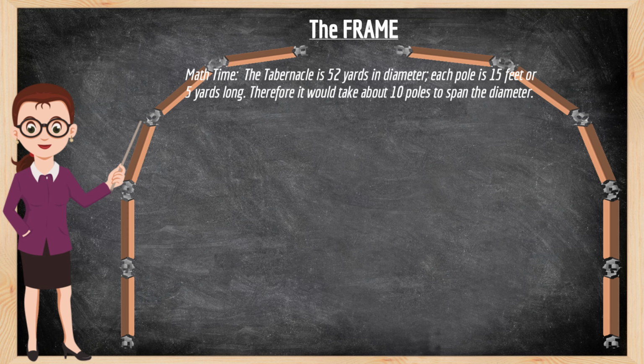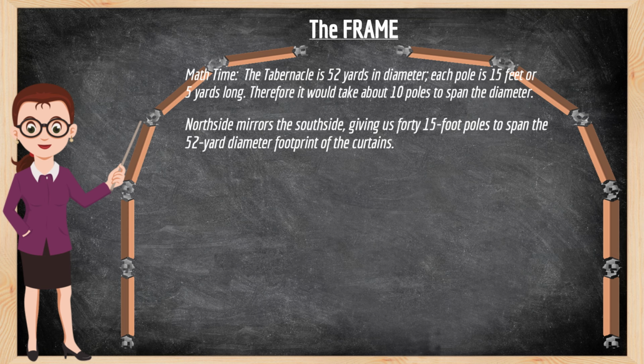So let's then look at the rest of the materials we have to work with to see if this is feasible. So the north side mirrors the south side, giving us 40 15-foot poles to span the 52-yard diameter footprint of the curtains.